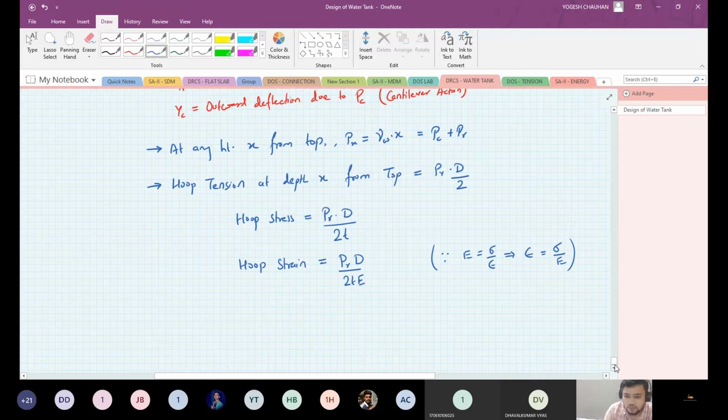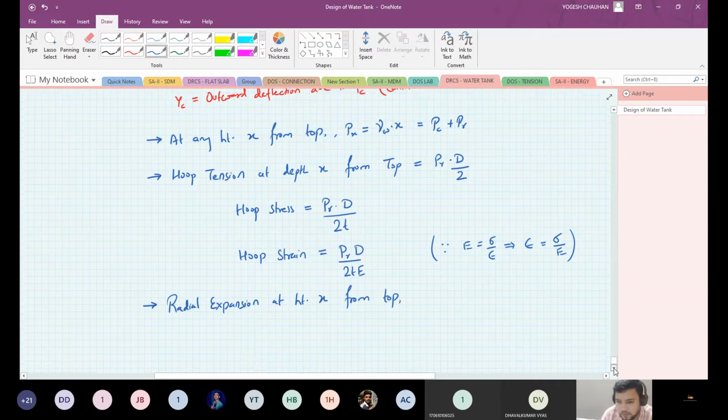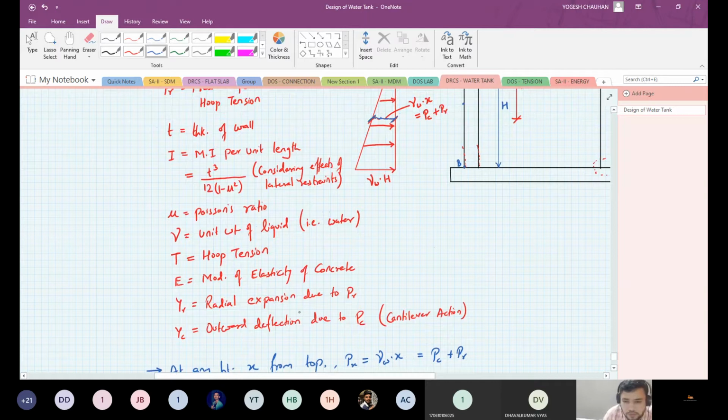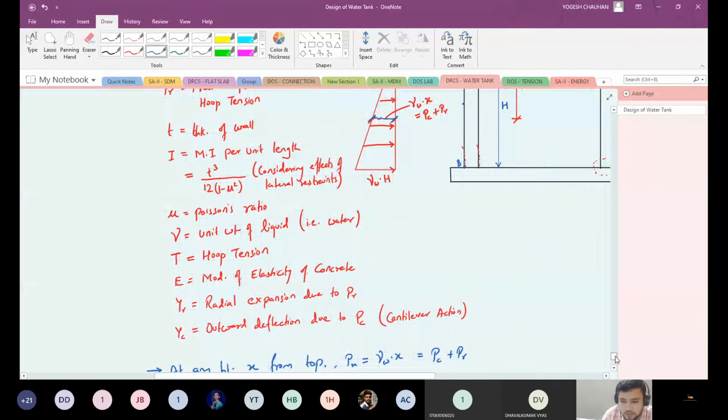So now the radial expansion at height x from top is equal to YR as per our definition, the radial expansion due to the hook tension.